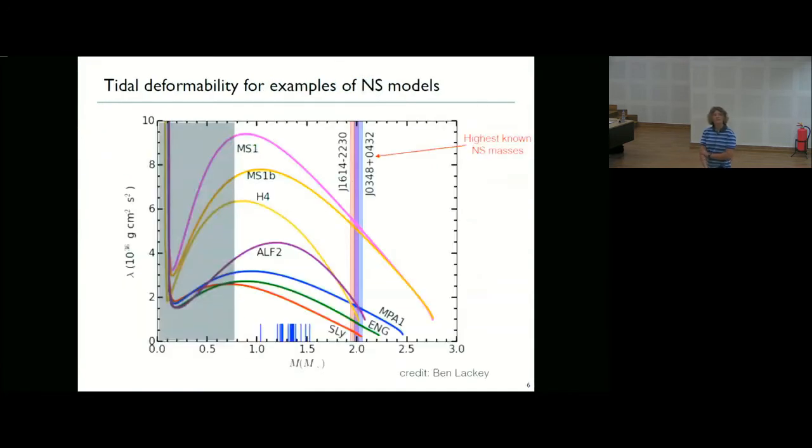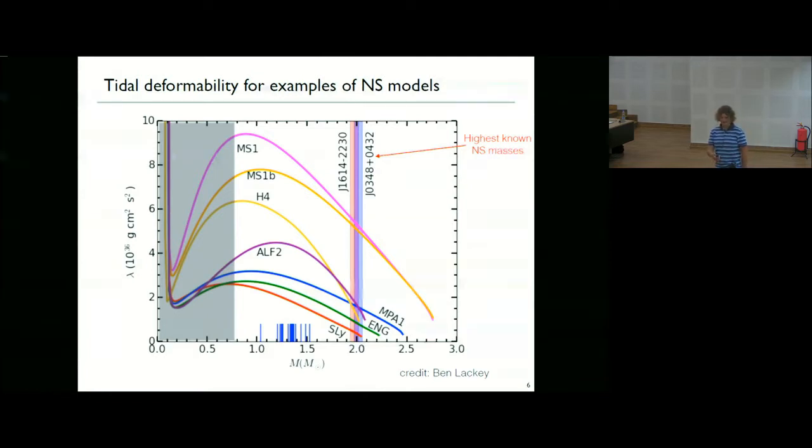Here are some results for what these look like as a function of the mass of the neutron star for different equations of state. This shows the tidal parameter as a function of the neutron star mass, computed for various different equations of state, just to get a sense of the range of this parameter. In fact, if you look closely, you will see down here the red curve, SLy. So hopefully by the end of today, you will compute exactly this SLy curve.